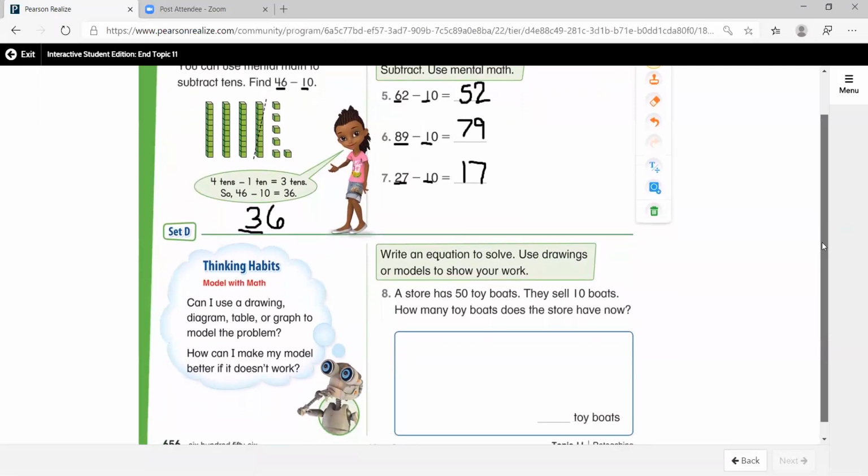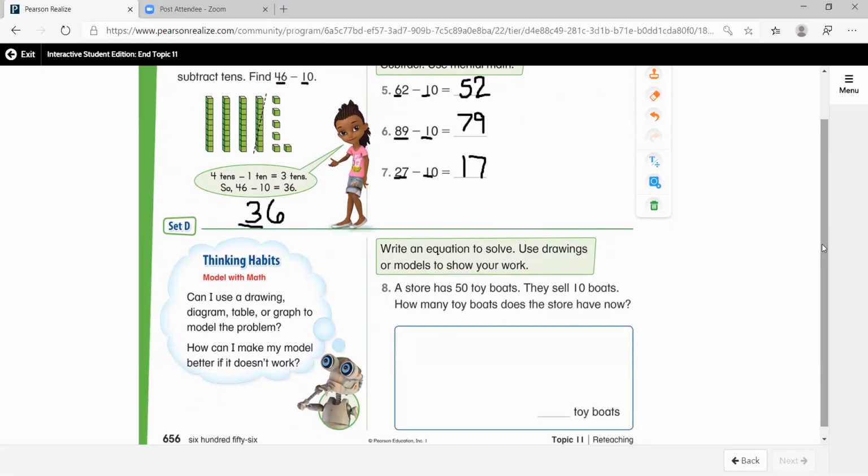All right. In set D, we're going to model with math. When we're modeling our story problems, think to yourself, can I use a drawing, a diagram, a table, a graph? How can I make my model to match the problem? Number 8, a store has 50 toy boats. They sell 10 boats. How many toy boats does the store have now?